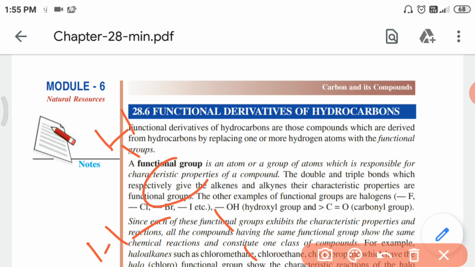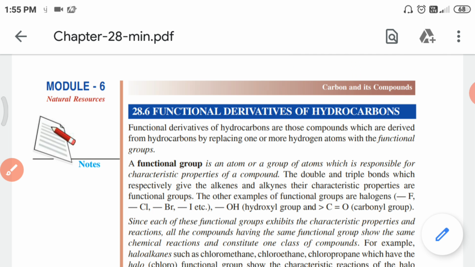Here also I have hydrogen, but by replacing this hydrogen, we can give chlorine or bromine, etc. So it shows totally different properties from methane. This compound is known as chloromethane or bromomethane. Chloromethane shows totally different properties from methane. That is what we are going to discuss in detail in this chapter.